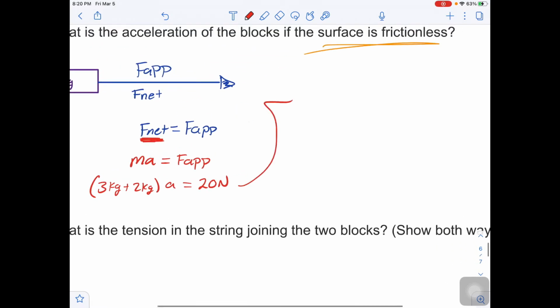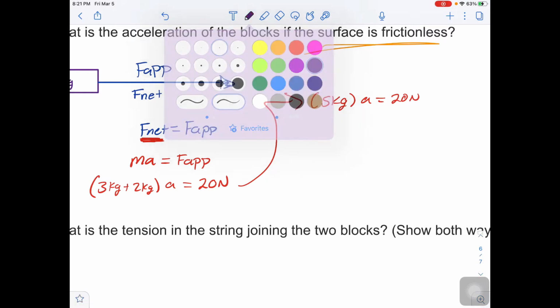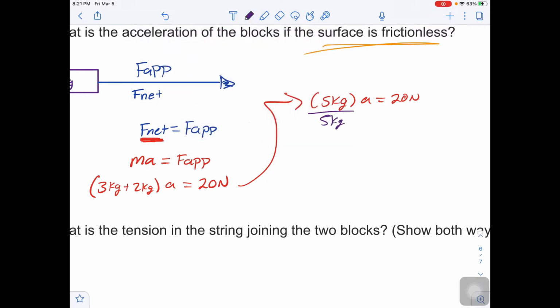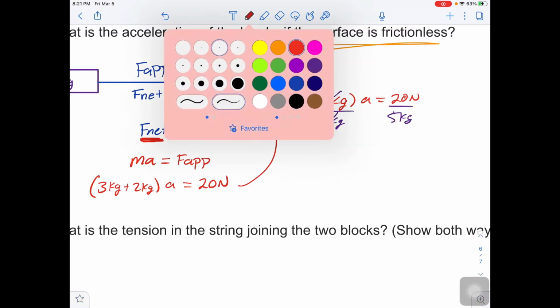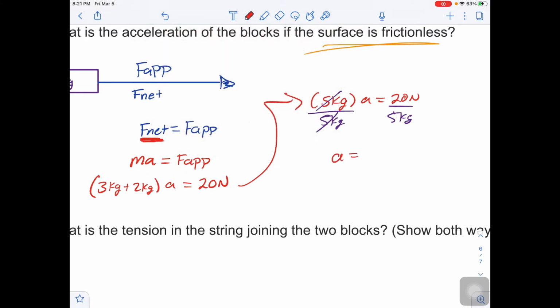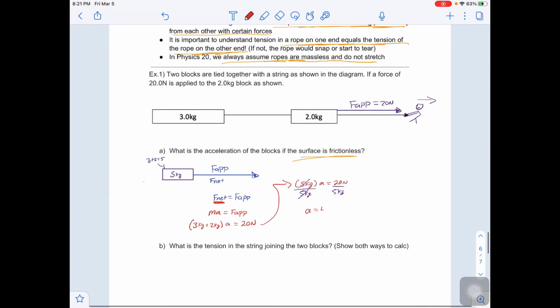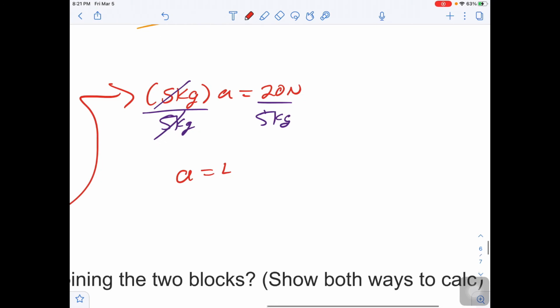From here, we can solve. This will be 5 kilograms times our acceleration equaling 20 newtons. Now it's a matter of just dividing by 5 kilograms. So my acceleration will end up being 4 meters per second, and we'll put it in proper sig digs. This needs to be 2 sig digs, so 4.0 meters per second squared.